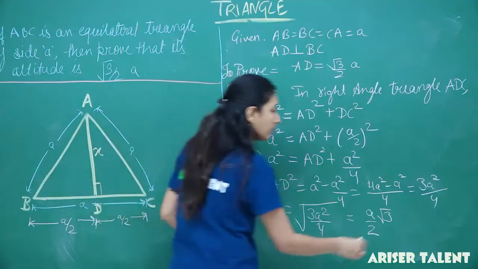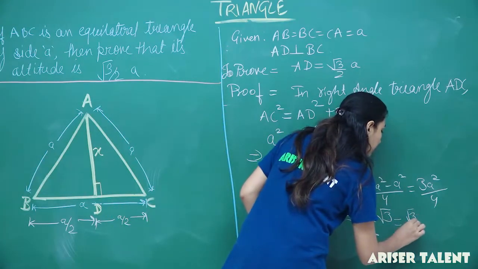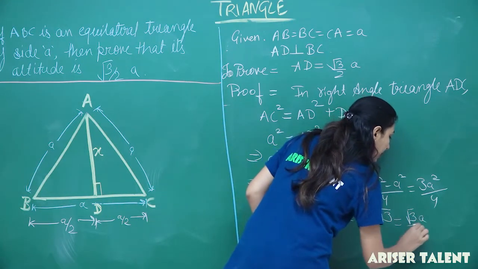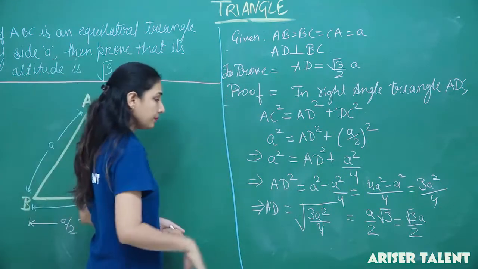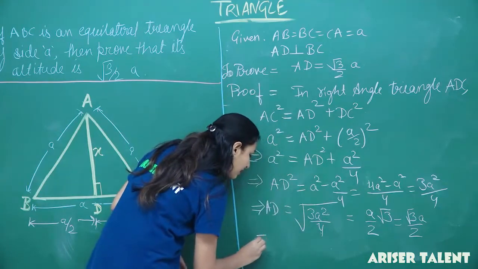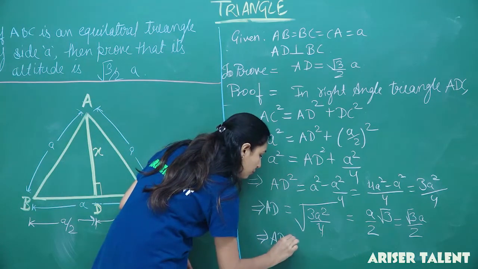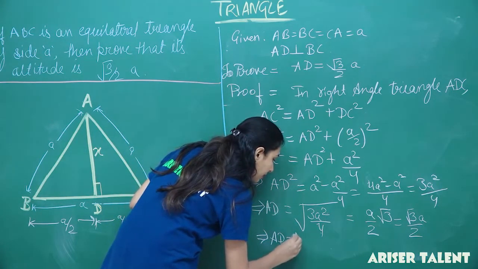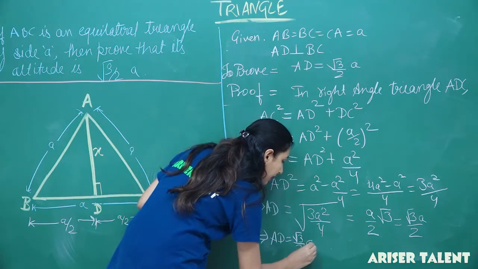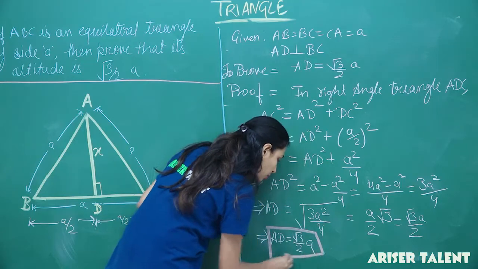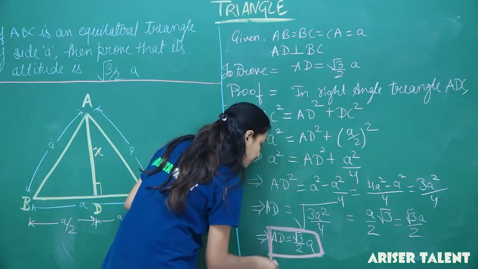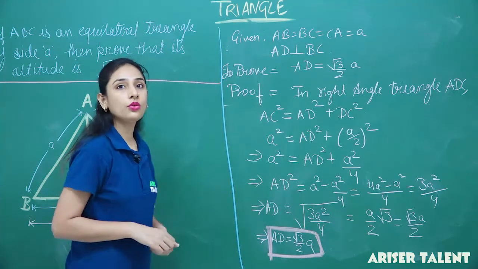So I can write it as root 3 A by 2. This implies that AD equals root 3 by 2 A, and this is what we had to prove. Okay, students, note it.